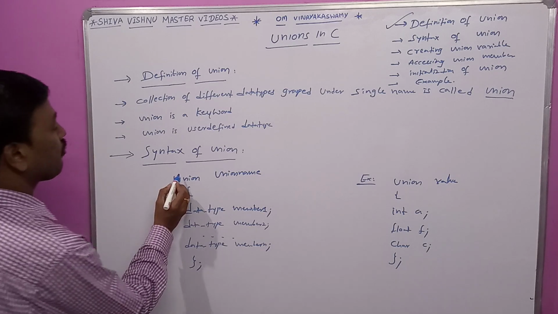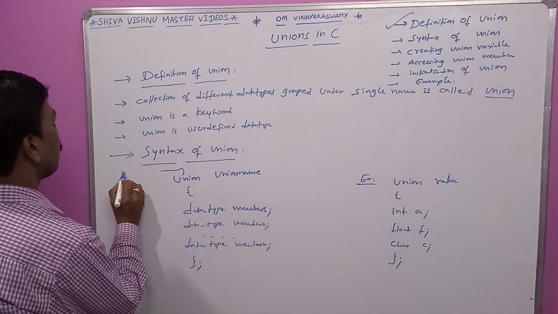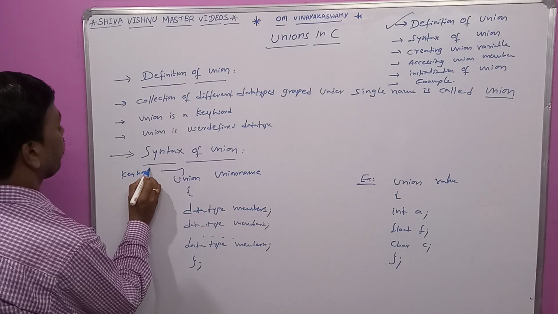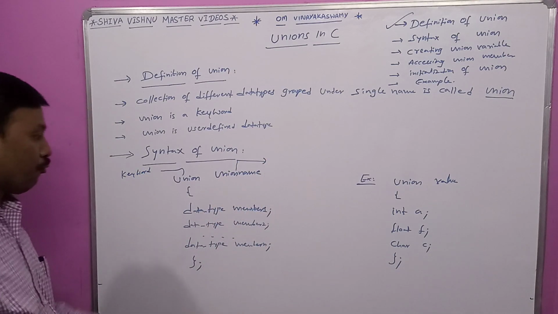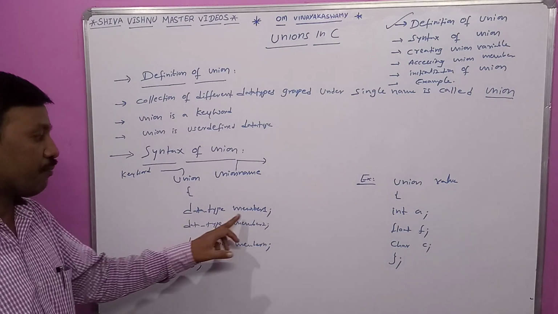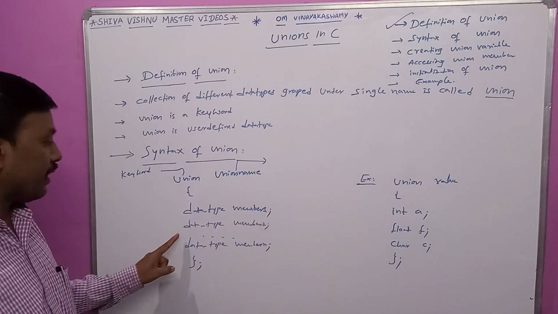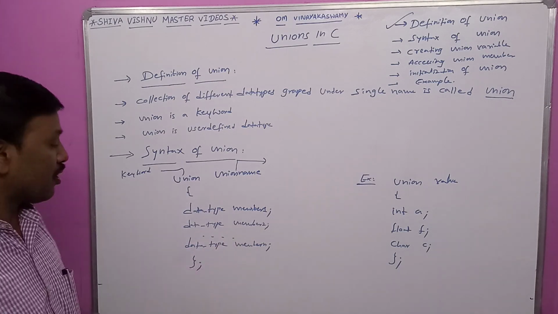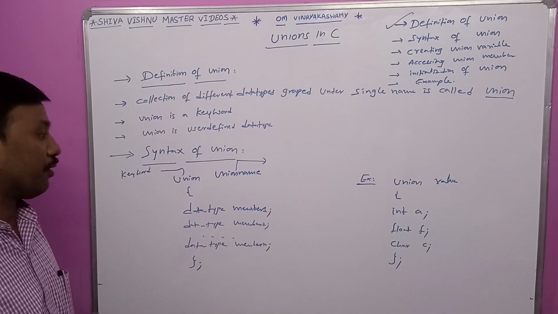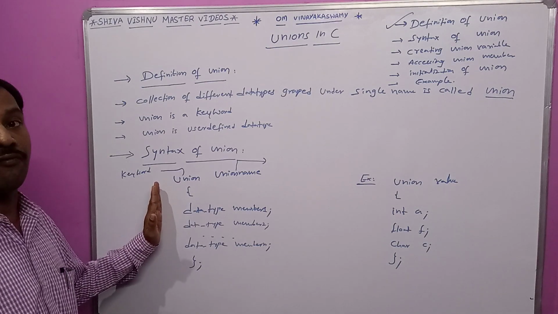Here you can see there is a union. Union is a keyword. Then the union name, open brace, data type member 1 semicolon, data type member 2 semicolon, data type member n semicolon, close brace, semicolon. This is the syntax of a union.